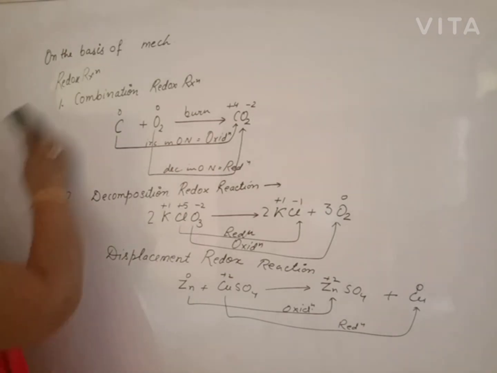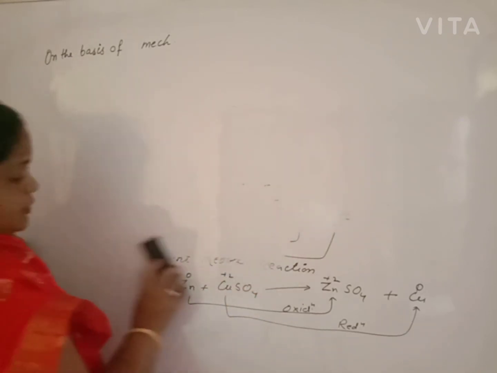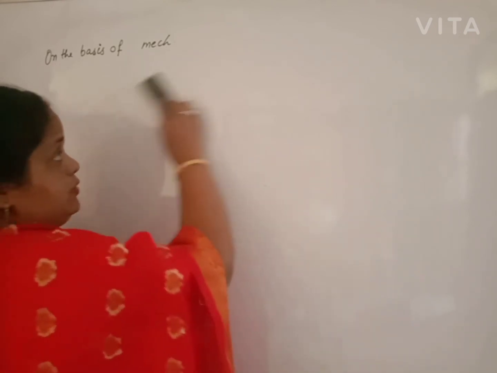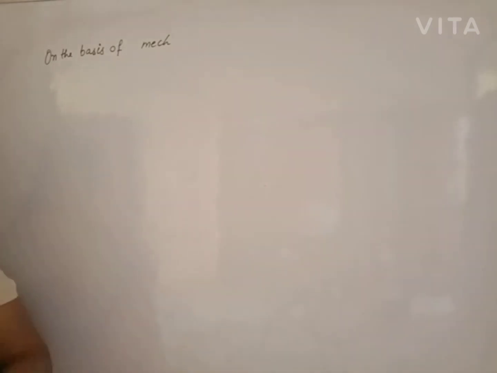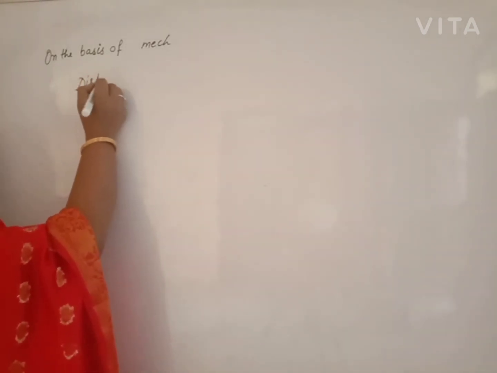Fourth one is the disproportionation reaction. Disproportionation reaction is a type of redox reaction, so the word redox does not necessarily have to be mentioned.